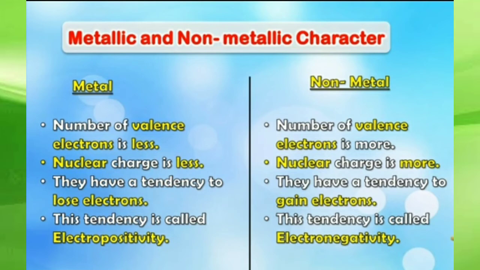And when the elements have a tendency to gain electrons, this tendency is called electronegativity. Okay children, remember what is electropositivity and electronegativity. Electropositivity means the tendency to lose electrons and electronegativity means the tendency to gain electrons. Okay?